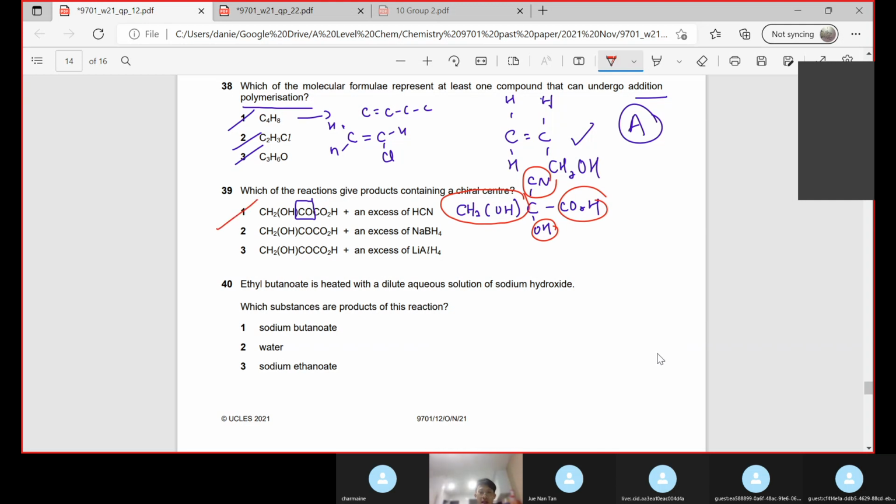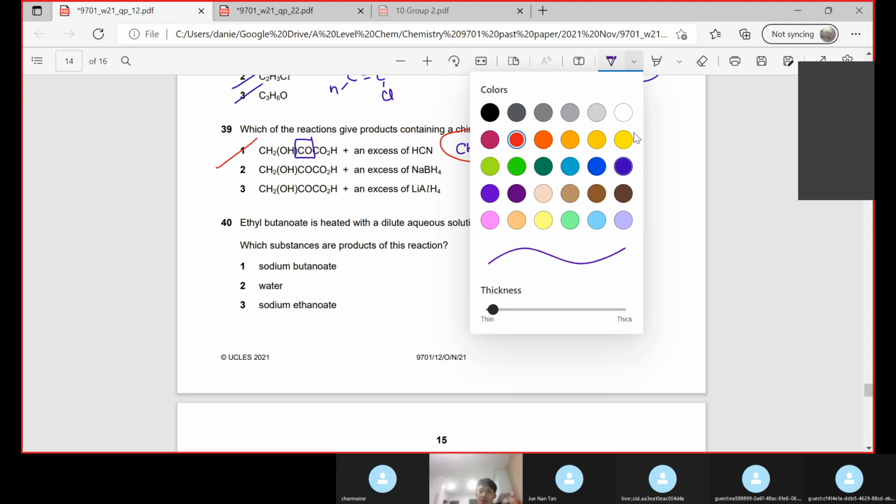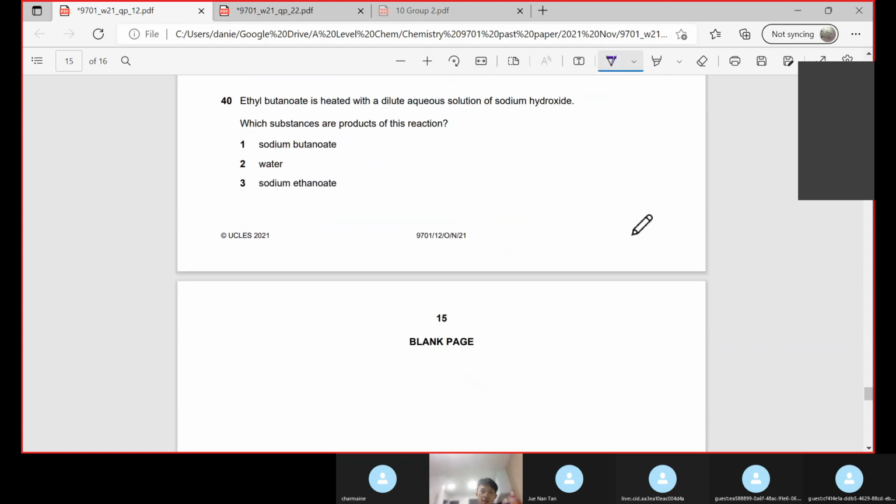Okay, B. NaBH4 can only reduce the carbonyl, the ketone. I show the answer below as the space up here is limited.